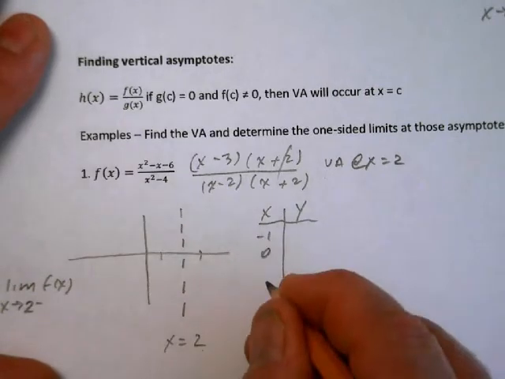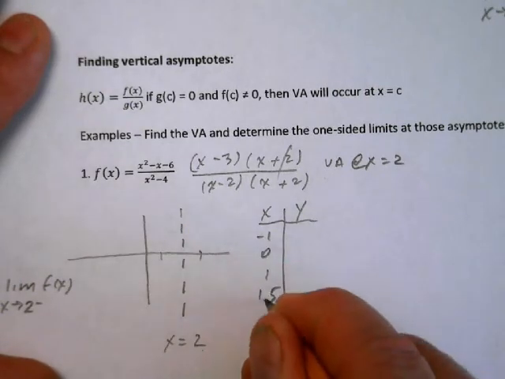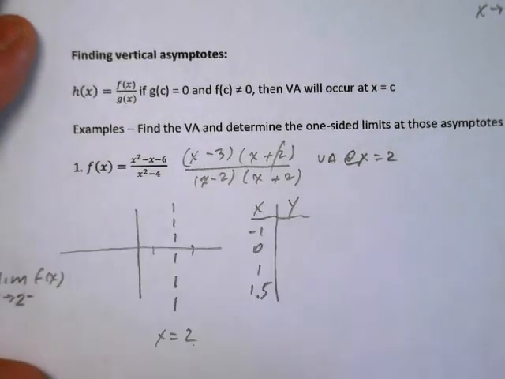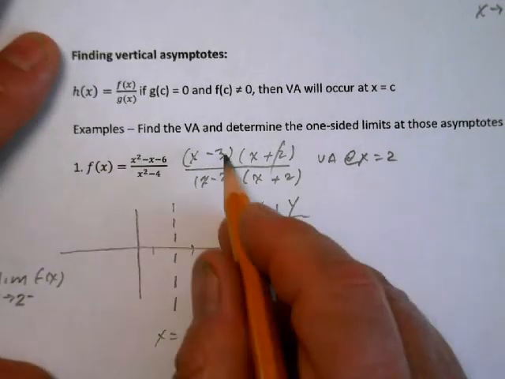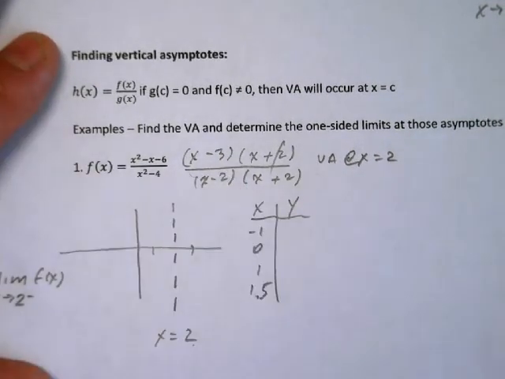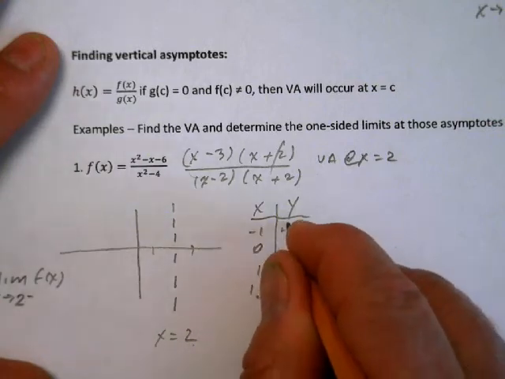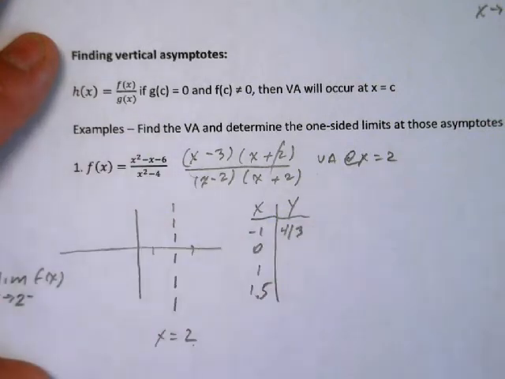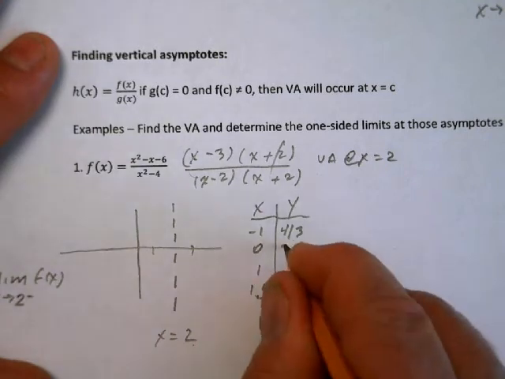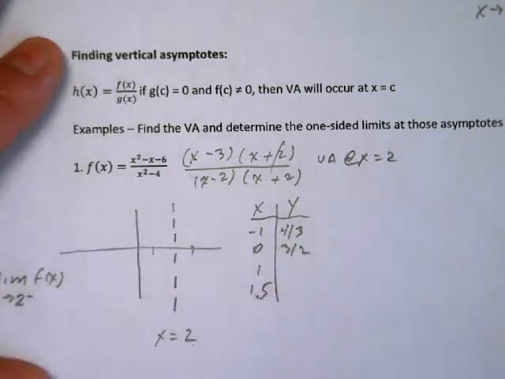So I'm going to use -1, 0, 1, and 1.5. If I put -1 in here, I am going to end up with 4/3. If I put 0 in, I end up with 3 halves.